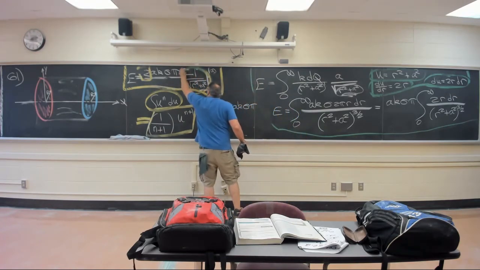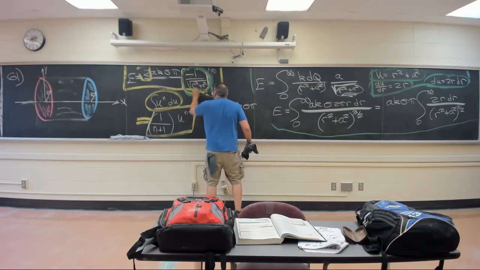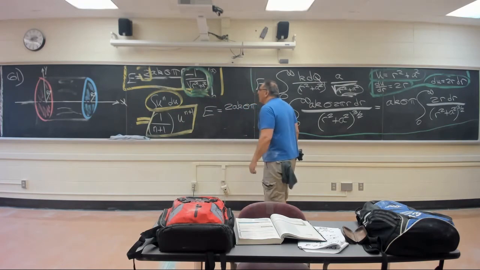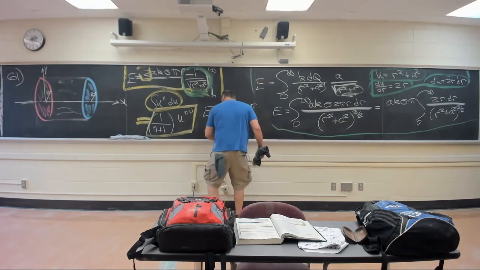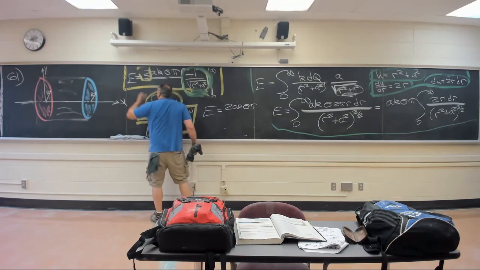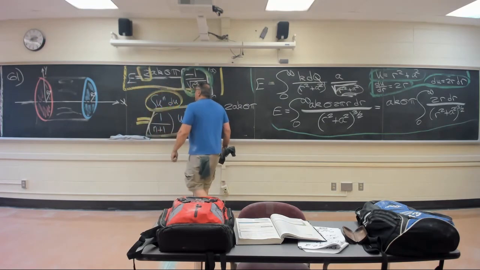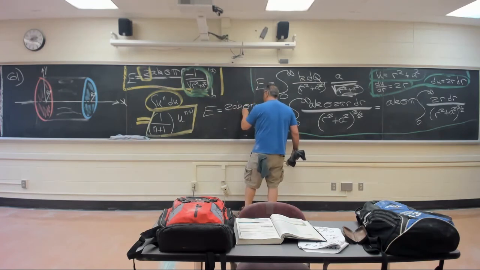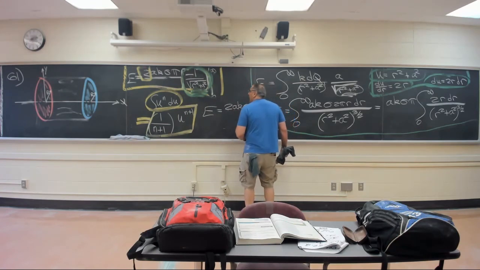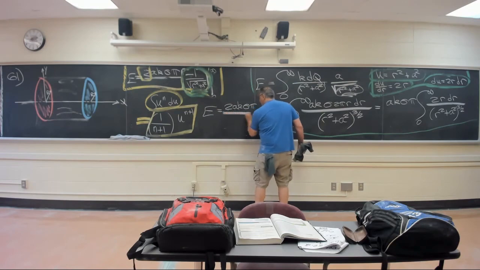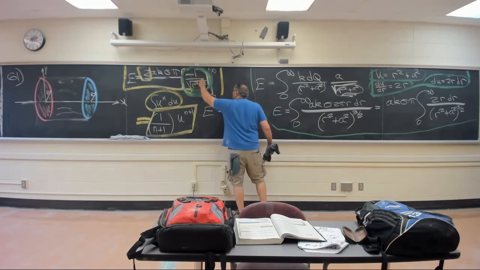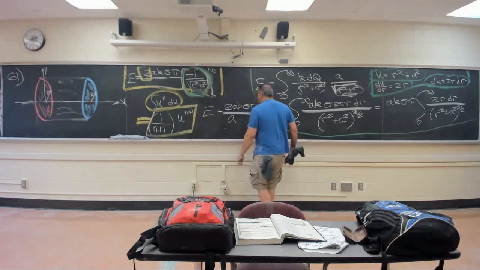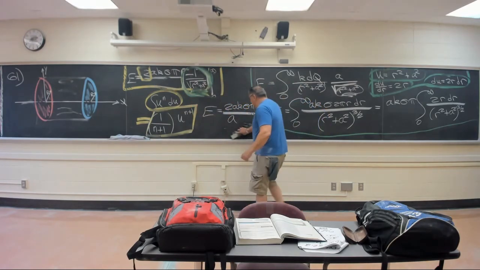We saw this song and dance. It was a long one, but we saw how it ended up: 2A K sigma pi. This song and dance, just by itself, right here, was A. There's your answer, guys. There's got to be an easier way to look at it.